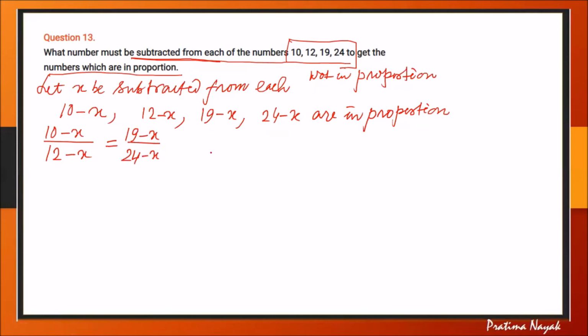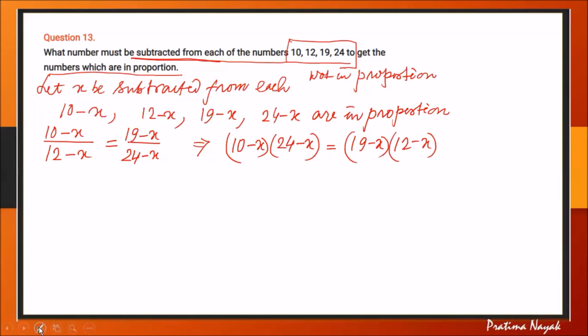What next? Cross multiply: 10 minus x into 24 minus x is equal to 19 minus x multiplied by 12 minus x.